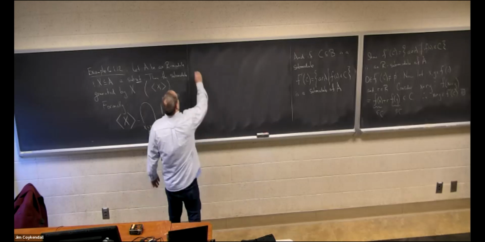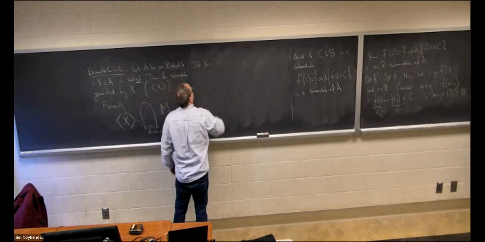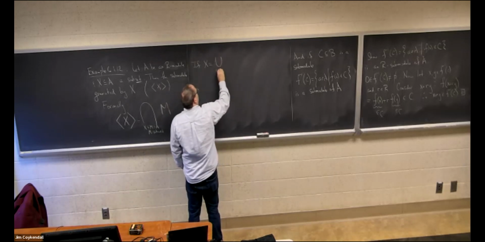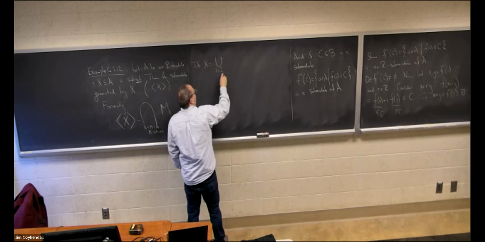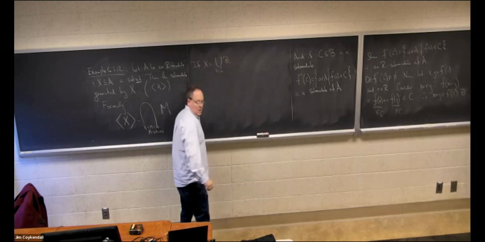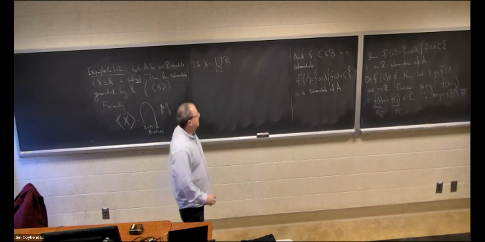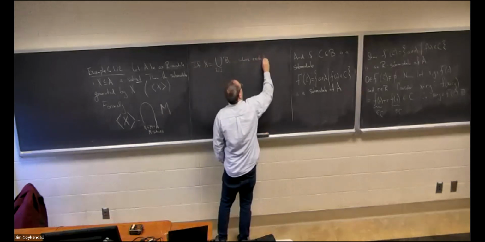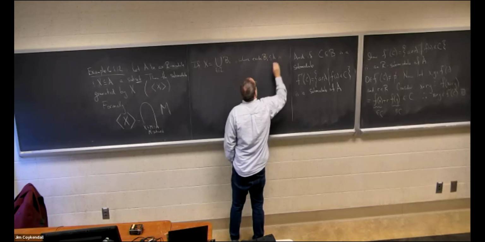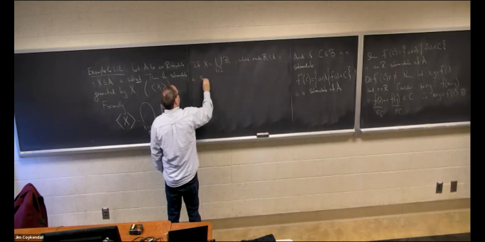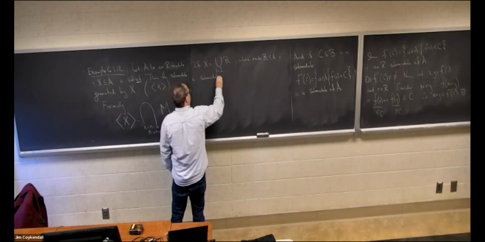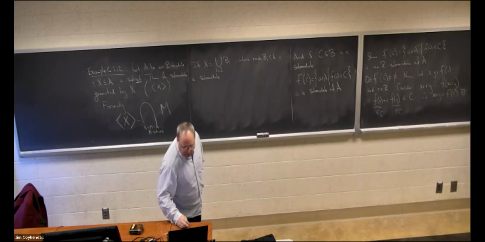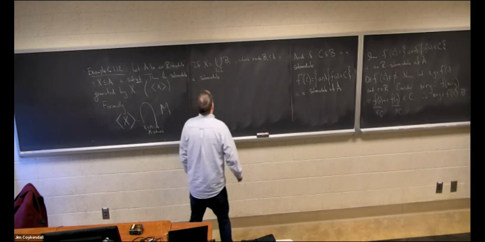So if X happens to take this particular form, the union over some index set I of B_i, where the B_i are all submodules of A, then this module that's generated by X is often called the sum of these.